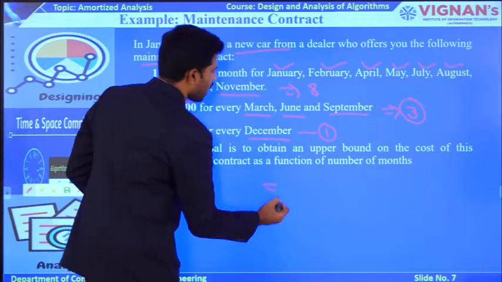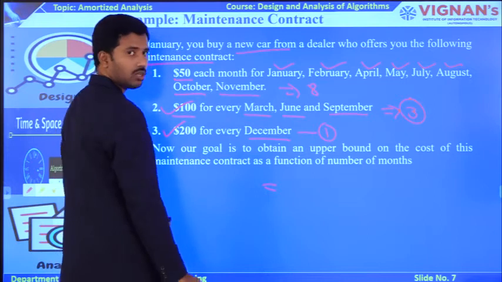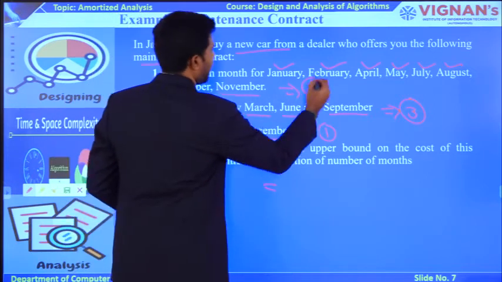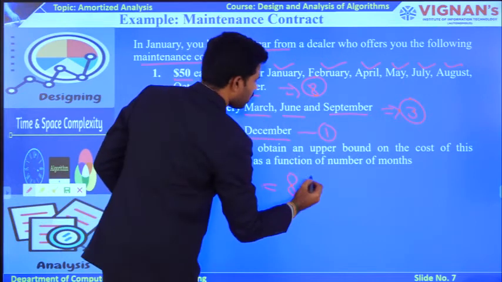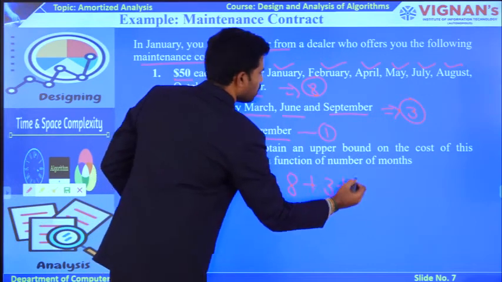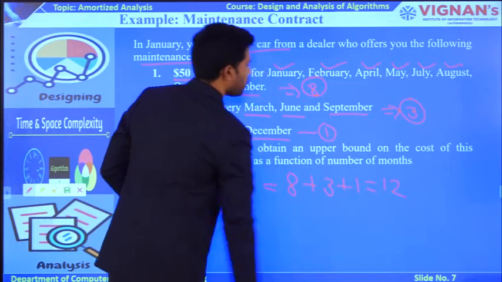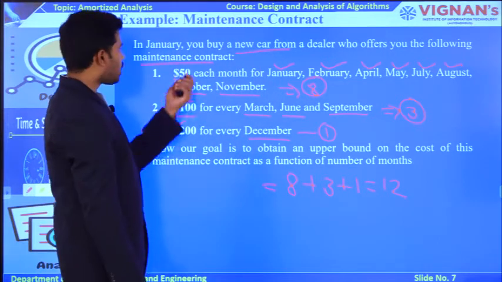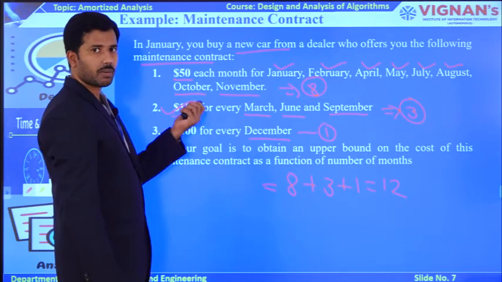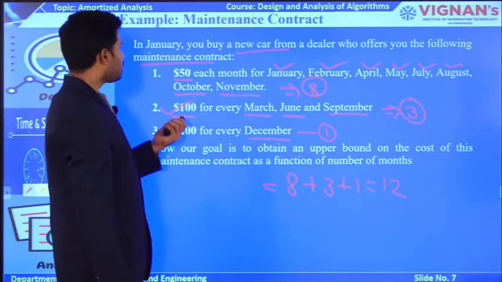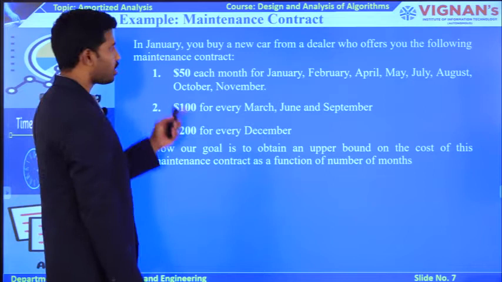Every year has how many months? A total of 12 months. Here 8 is available, here 3 is available, here 1 is available, so here we have 12 months. So this is the price chart for servicing my car. How many types of cost are they charging?